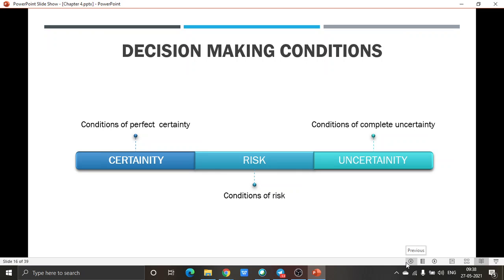Alternatives are always difficult to define, and information about outcomes is not available. It is like a teacher asking his students to complete an assignment without giving any kind of guidelines. Ambiguity, naturally, is the most difficult decision situation which the manager has to face.